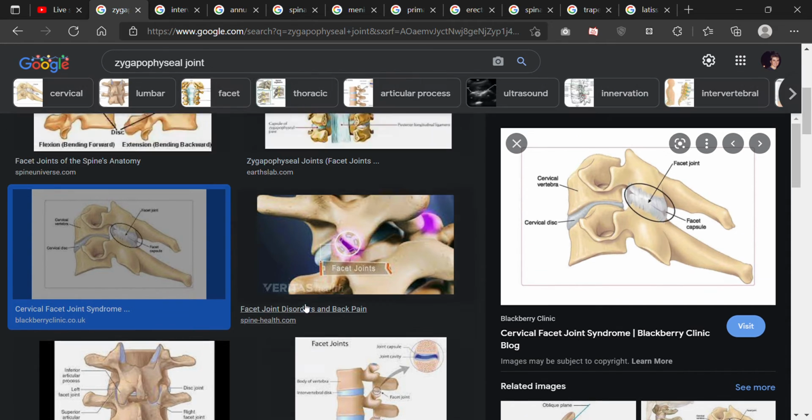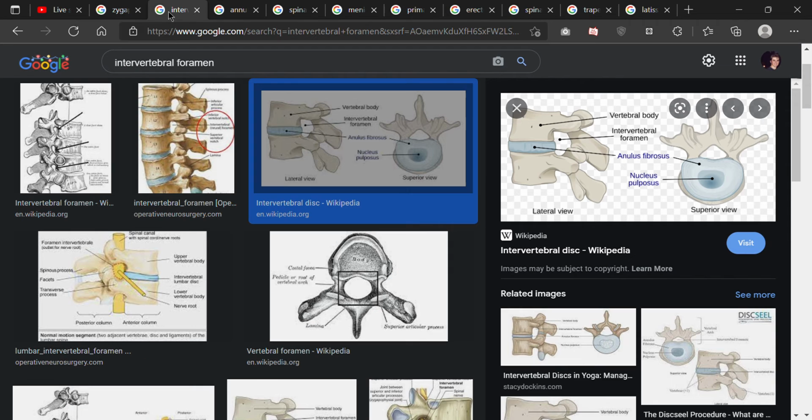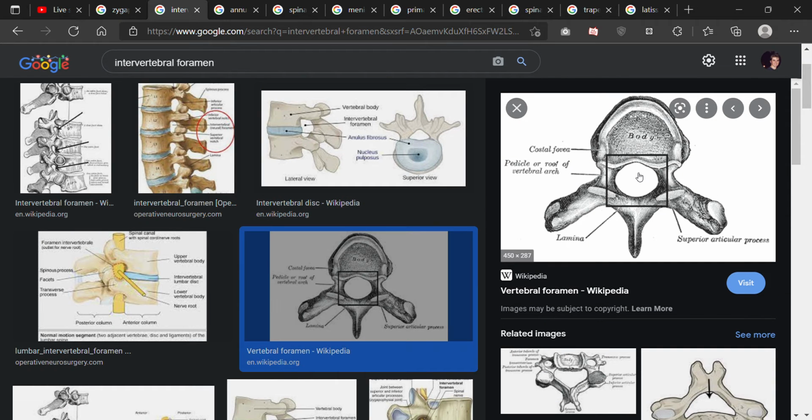Now, we also spoke about the vertebral foramen. We'll get to the intervertebral in a minute. The anterior body combines with the posterior arch and creates the vertebral foramen, which is the main canal, or the spinal canal as we know it.